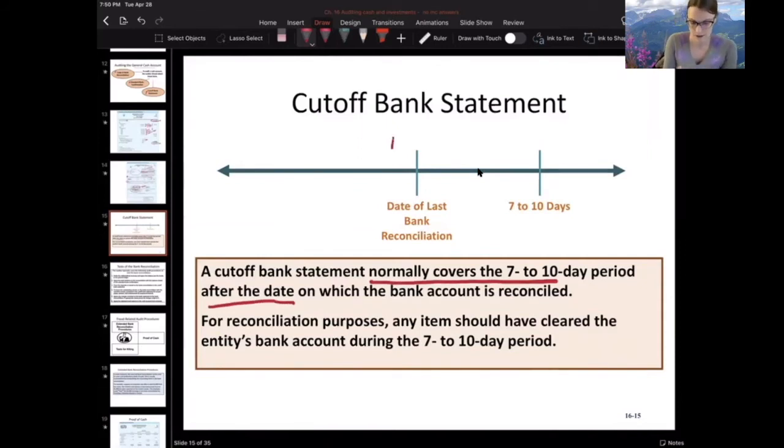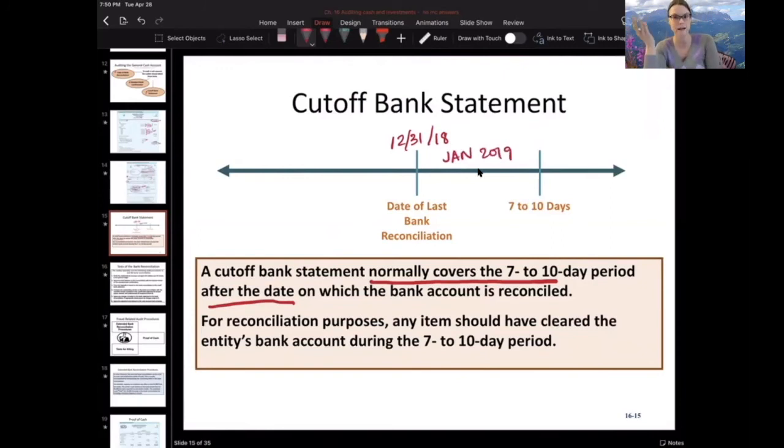Meaning if the bank account is reconciled, in our example, as of year end, which is 12/31/18, I'm looking for a bank cutoff statement that covers the first week or two of January. So this is going to be January 2019.